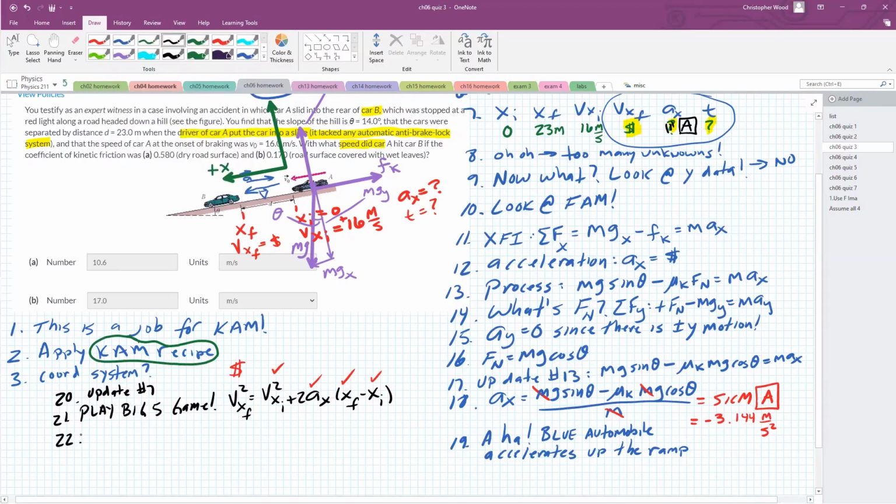22. But they don't want velocity, they want speed. So remember, speed, we know the velocity is down the ramp, but they don't care about direction. So just speed equals the absolute value of velocity. And if I do this, let's get an answer. 16 squared plus 2 times A times 23, square root.